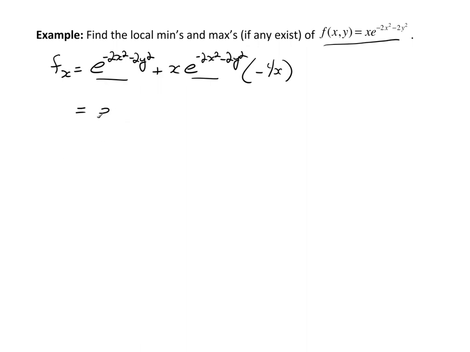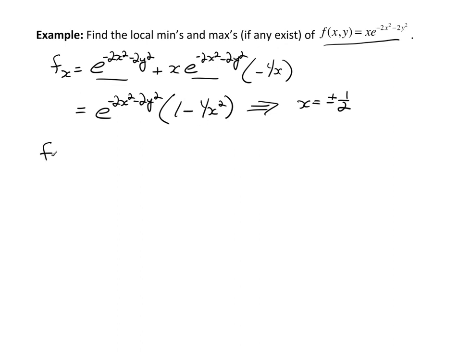And this will give me e to the negative 2x squared minus 2y squared times 1 minus 4x squared. Now I need to set this equal to 0, and clearly the exponential function is never 0. So that would then imply that my critical values will be at x equals plus and minus 1/2. That's what's going to make this part 0.